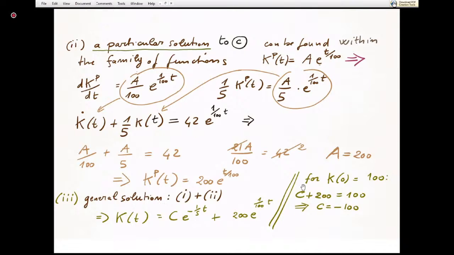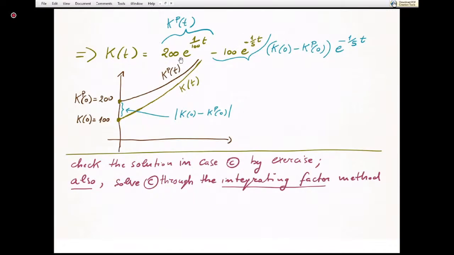Now we impose the initial condition k0 equal to 100. C plus 200 must be equal to 100, and C must be equal to minus 100. So this is our solution. Kt is 200 exponential of 1 over 100t minus 100 exponential minus 1 over 5t.